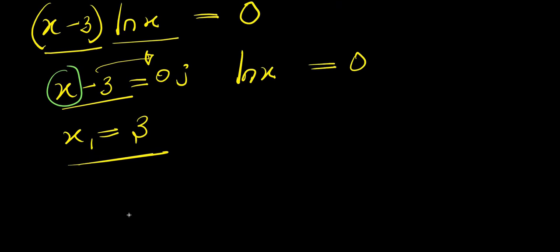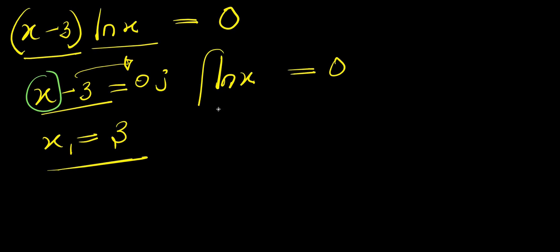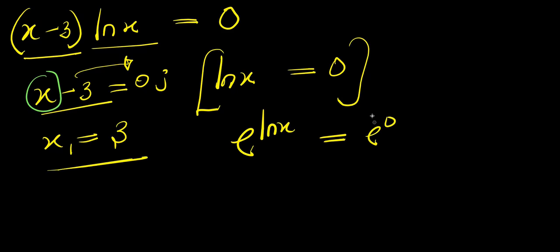So, you can also solve this by making use of e. I have e power natural log of x equals e power 0. And if you have e to the power of natural log, it will eliminate itself.